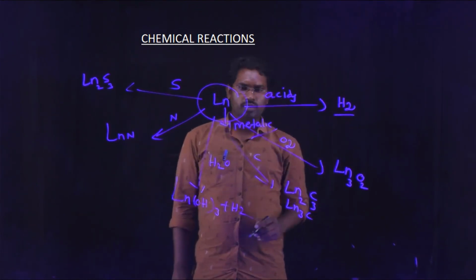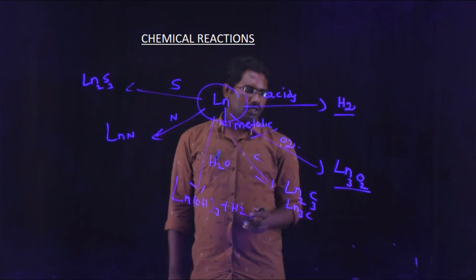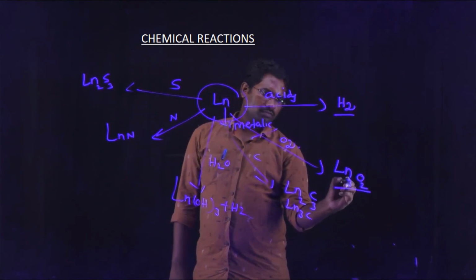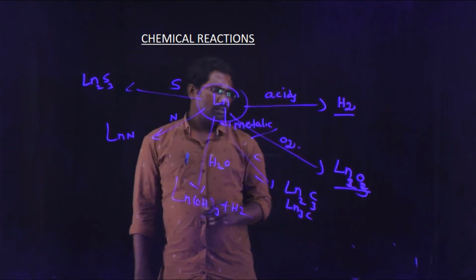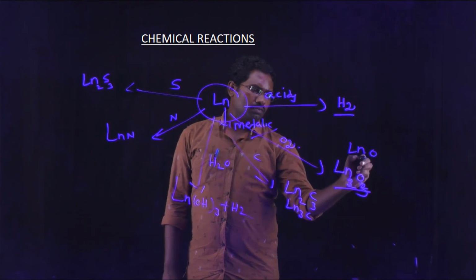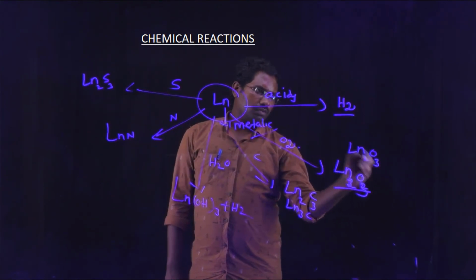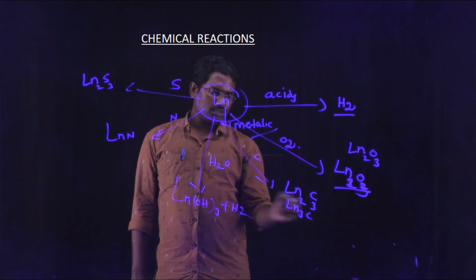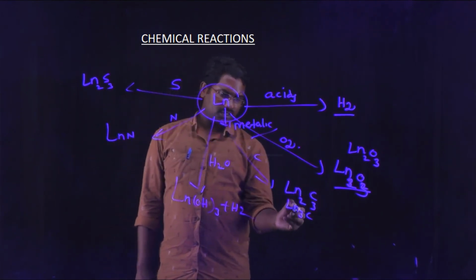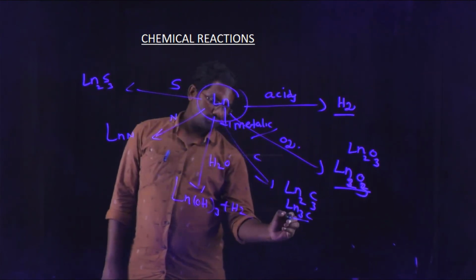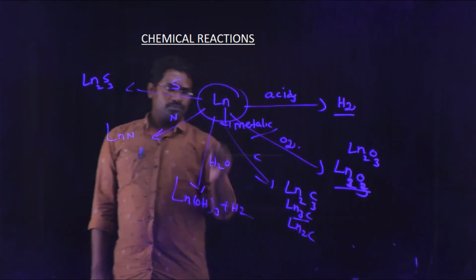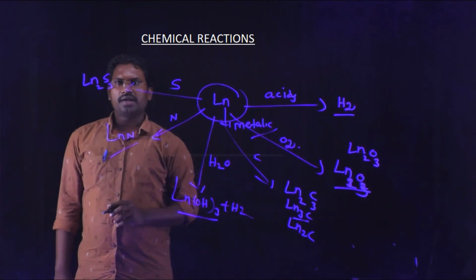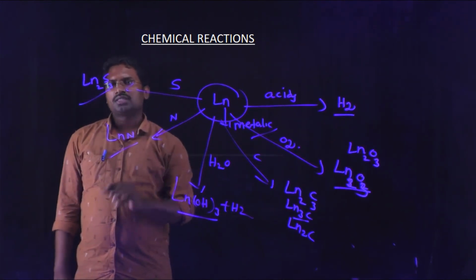Lanthanides are metals. They react with acids, liberating hydrogen gas. They react with oxygen to form corresponding oxides, Ln2O3. Lanthanide elements react with carbon to form corresponding carbides, and in like manner, lanthanides react with water to form corresponding hydroxides, with nitrogen to form corresponding nitrides, and with sulfur to form corresponding sulfides.